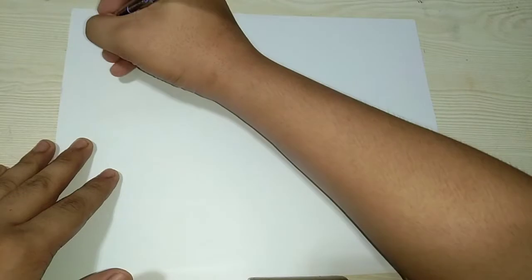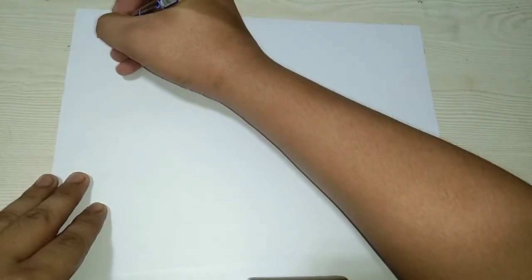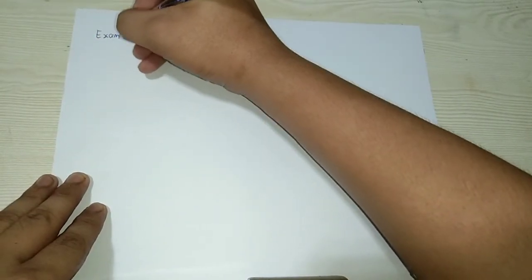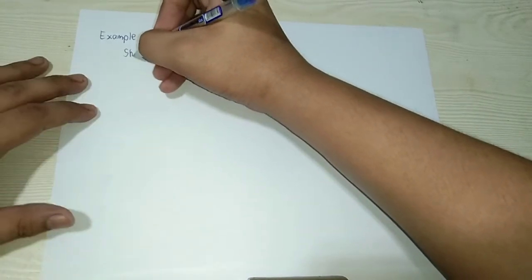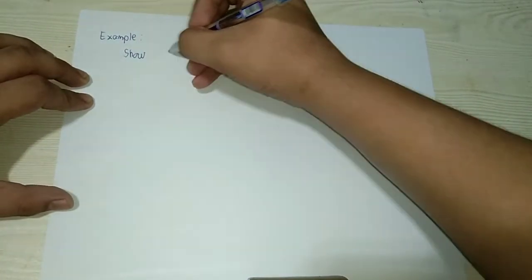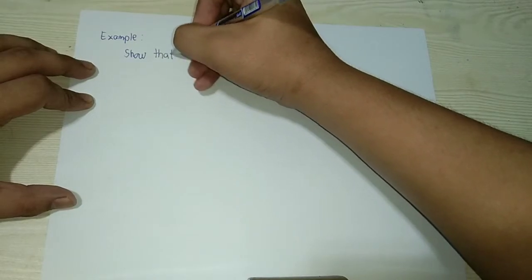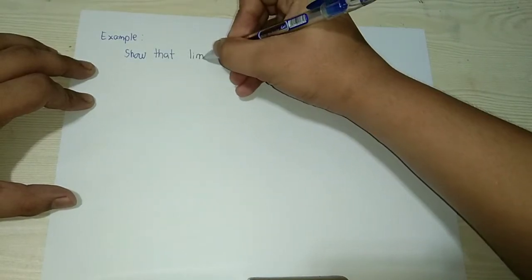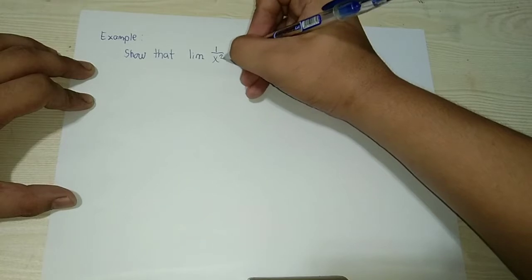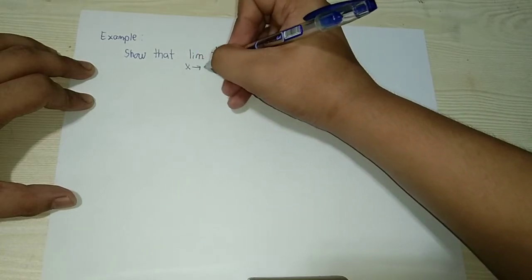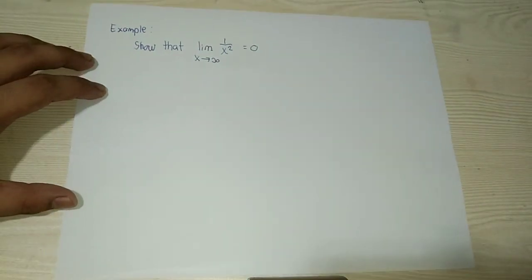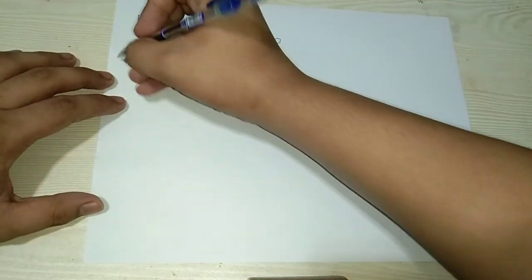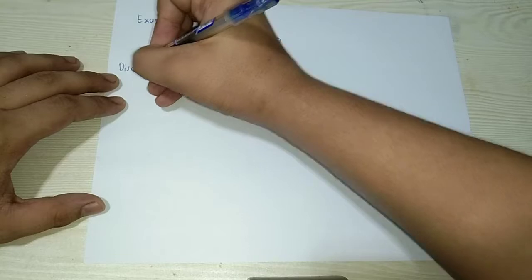Example. Show that the limit of 1 over x squared as x approaches infinity is 0. Okay? So, there are two parts again. First, discussion.